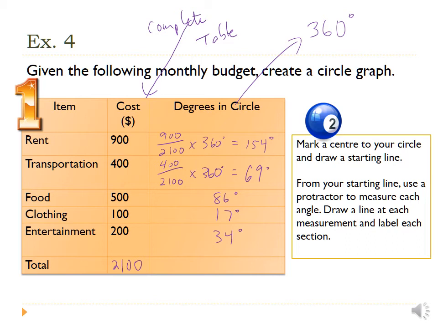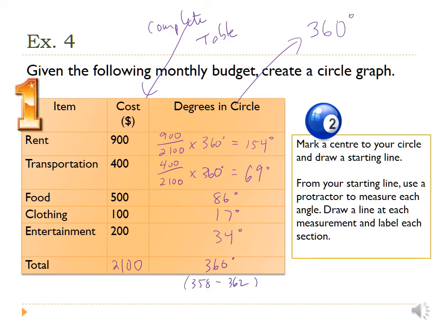Let's add up our degrees to make sure it's really close to 360. So 154 plus 69 plus 86 plus 17 plus 34. 360, right on, perfect.